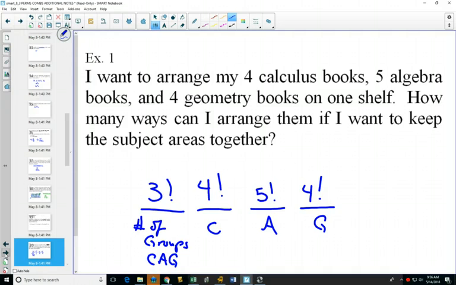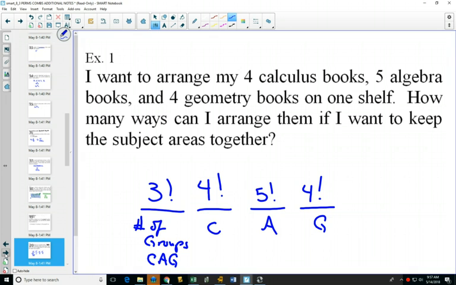So the grouping strategy is a bit of the spaces strategy combined with permutations. Because we have a number of decisions to make, my first decision is how I'm going to arrange the groups. Which group is first, which group is second, which group is third. So we always do number of groups factorial first.